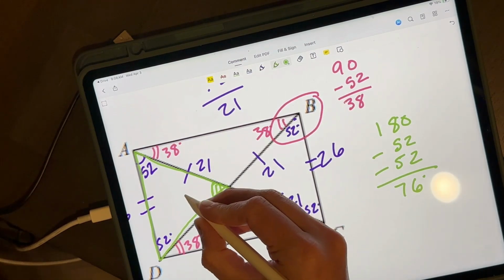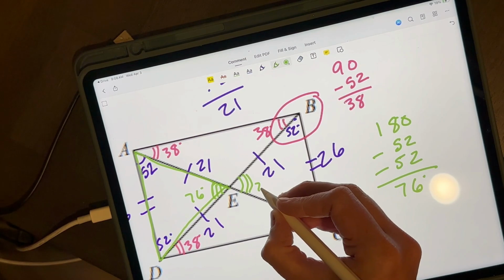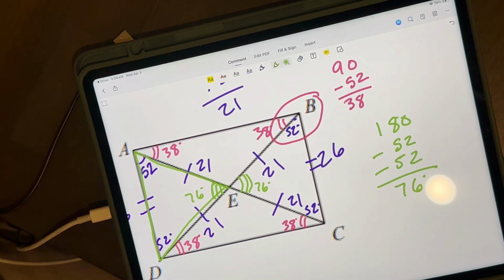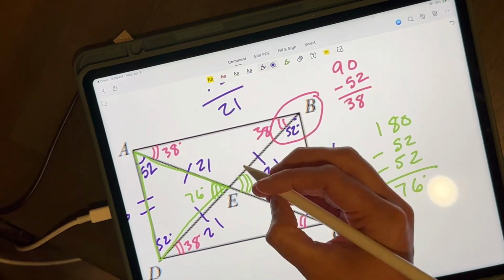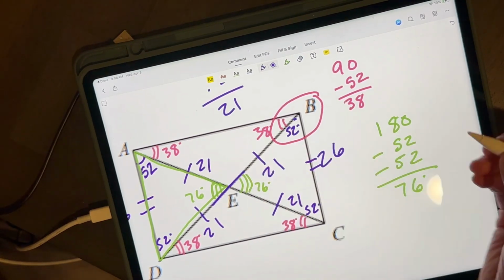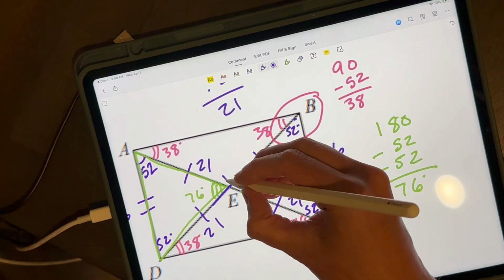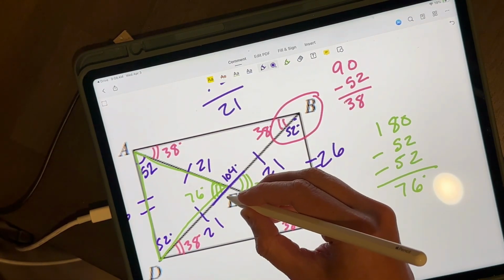So this is 76. We know the rule of vertical angles, correct, which is 76. And if you have a straight line, 180 minus 76 is 104. So this one right here is also 104.